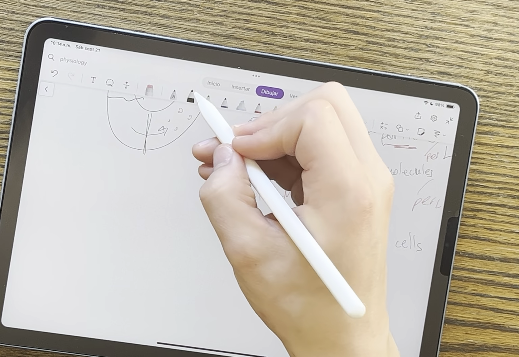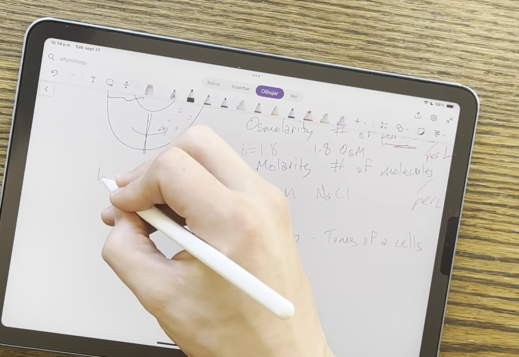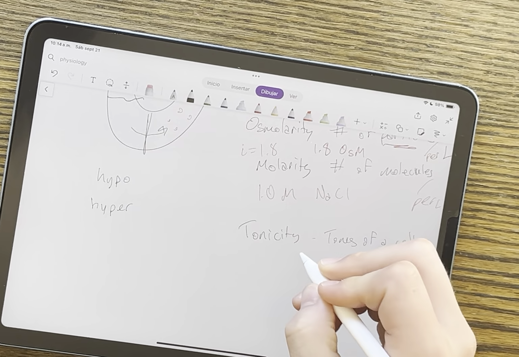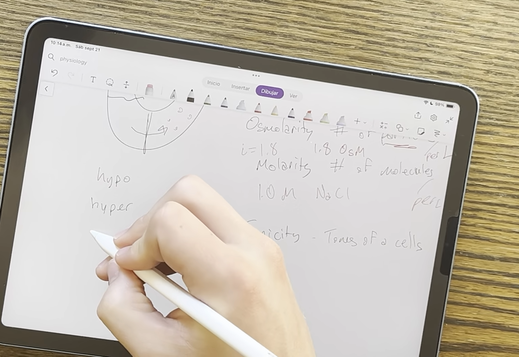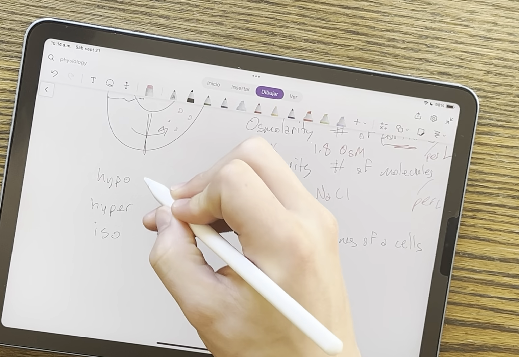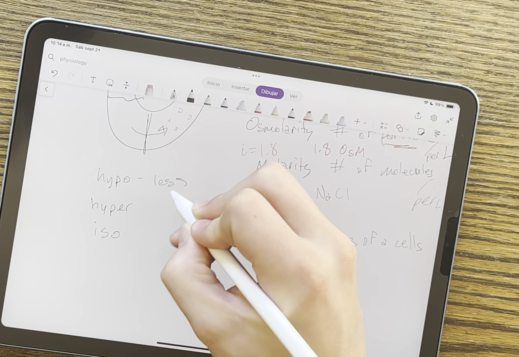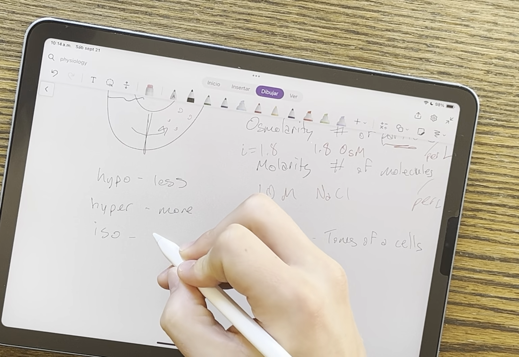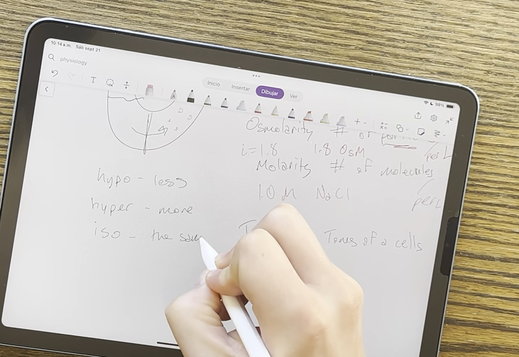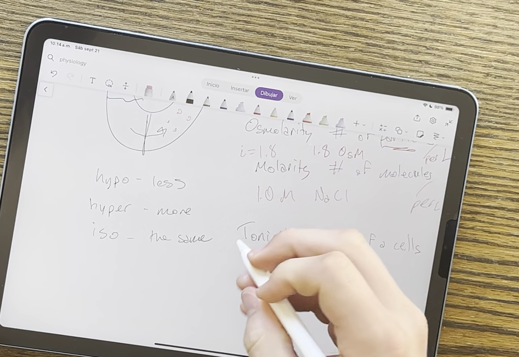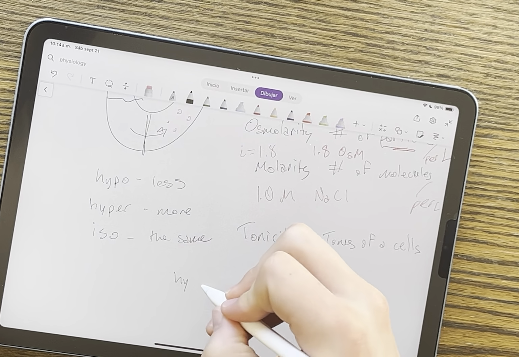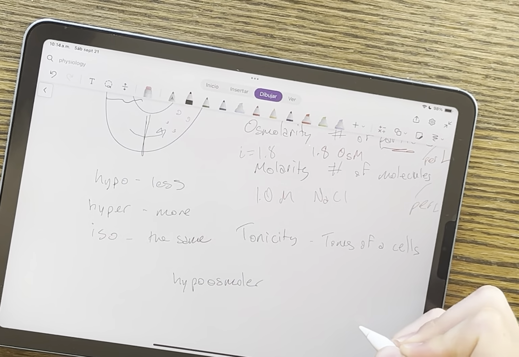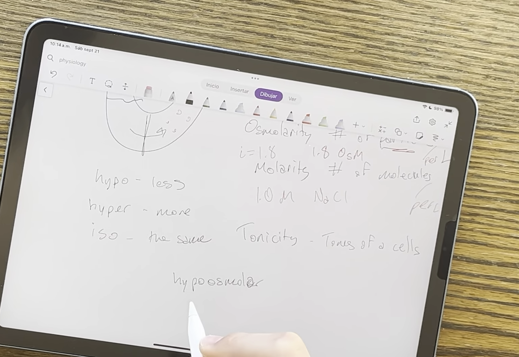And so we use a couple of Latin prefixes to explain these relationships using osmolarity and tonicity. Hypo means less, hyper means more, and iso means the same. So for example, if we have osmolarity, we have something that's hypoosmolar. What's going to happen?